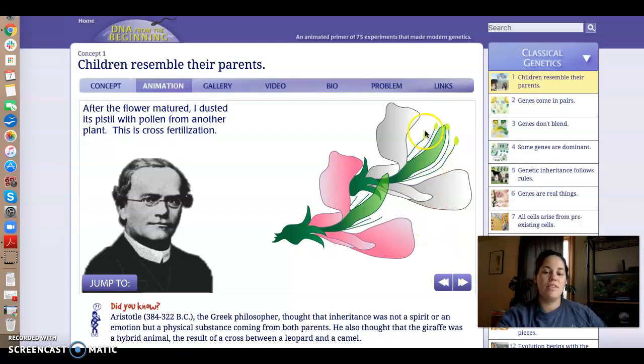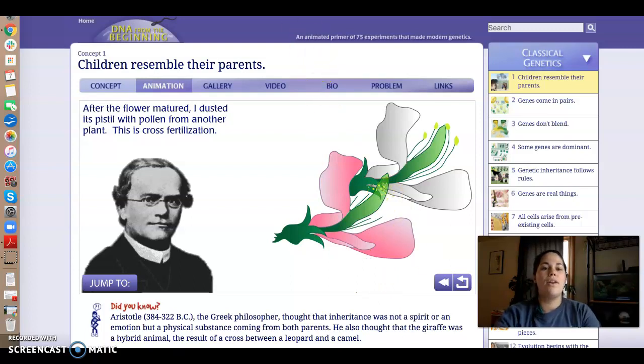So here's the other plant, and it's getting pollen from the male sex part here. And so this is like the dad plant, and this is like the mom plant. And you can see he used a paintbrush to just spread that pollen.